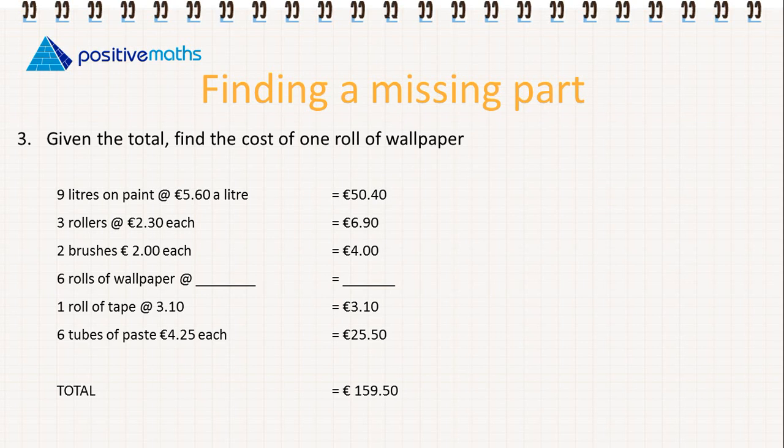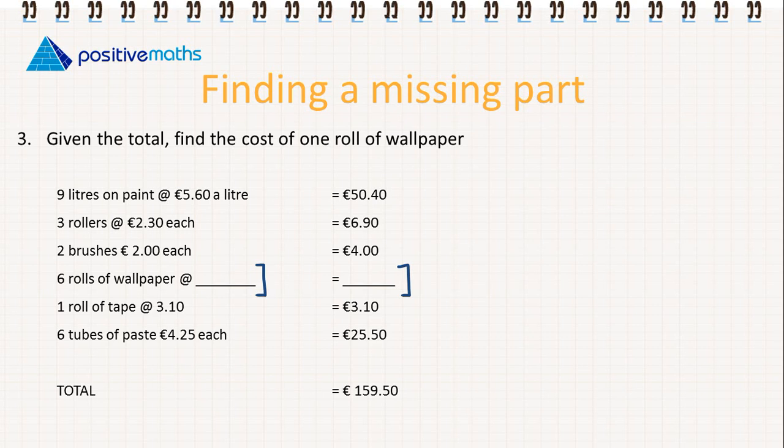So our total is €50.40. 3 rollers. We have 2 brushes, 6 rolls of wallpaper, 1 roll of tape, and 6 tubes of paste. So we have 2 missing pieces here. The first thing we're going to do is find how much they spent on wallpaper altogether. Then we're going to find how much 1 roll of wallpaper costs.